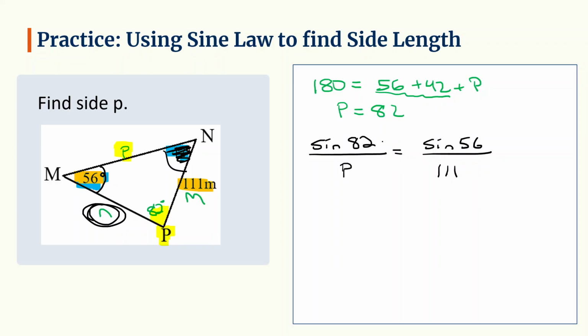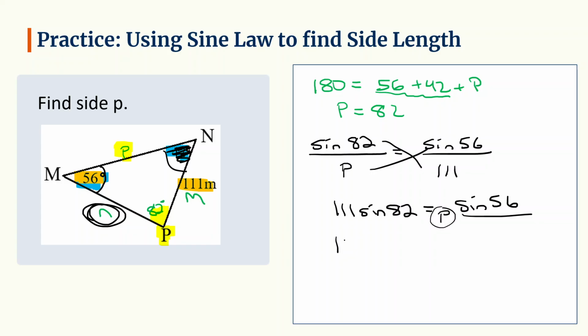And now I'm going to cross multiply. So I've got 111 times sine 82. And I've got P, little p, times sine 56. And then I want to solve for P, so I need to get rid of that. So on both sides, I need to divide by sine 56.